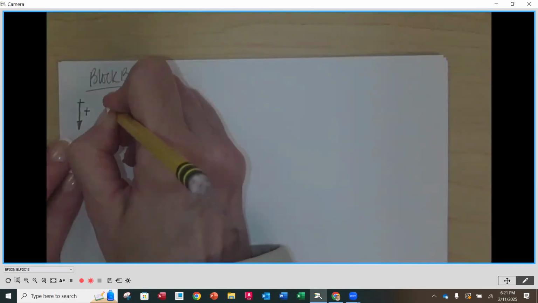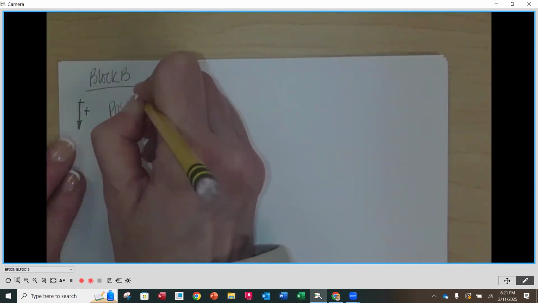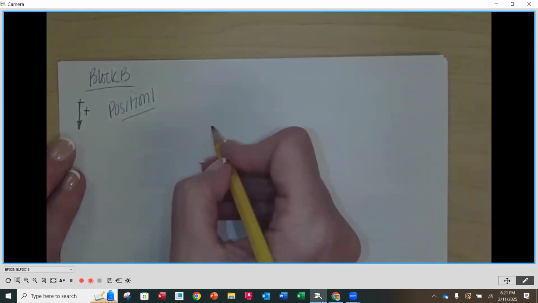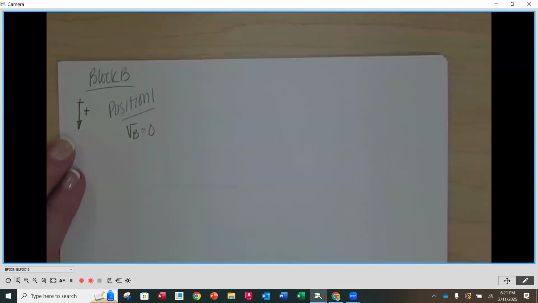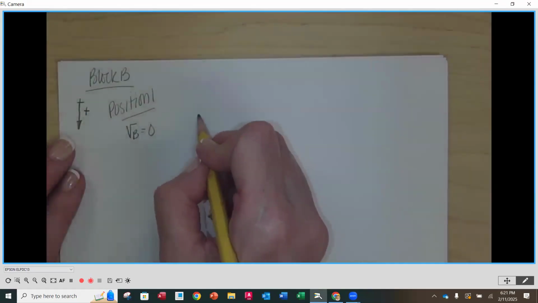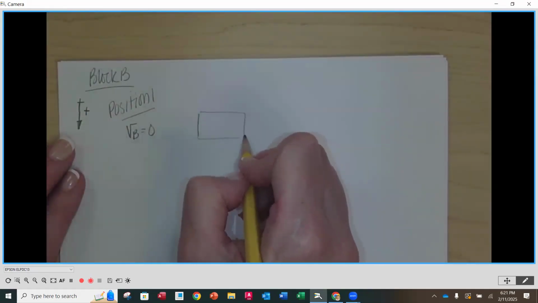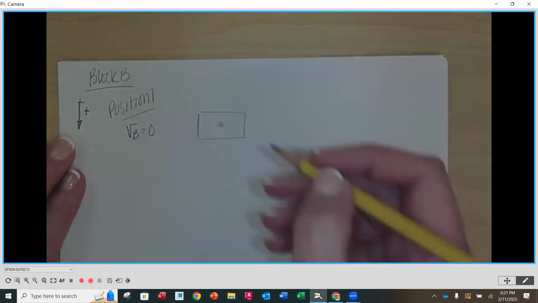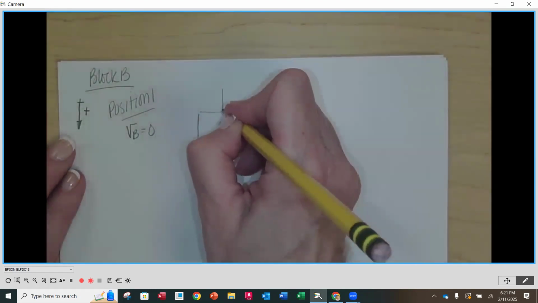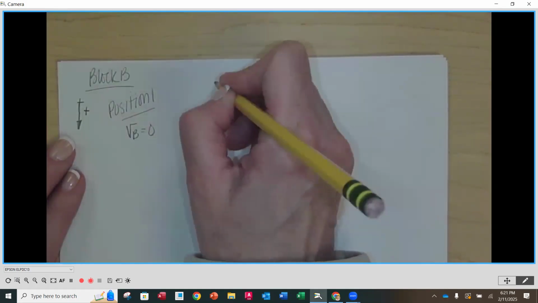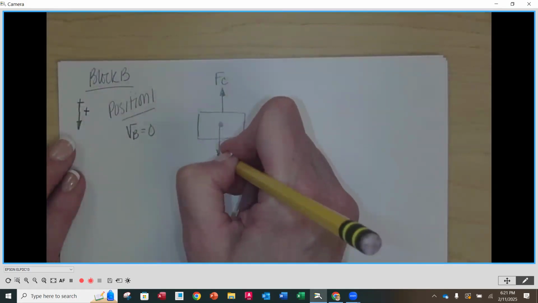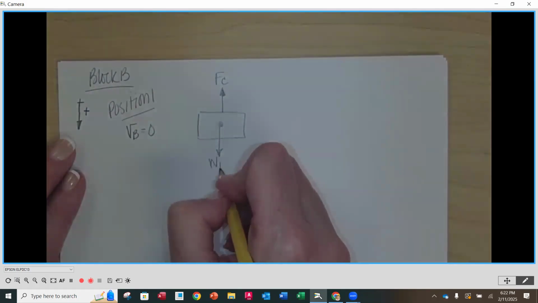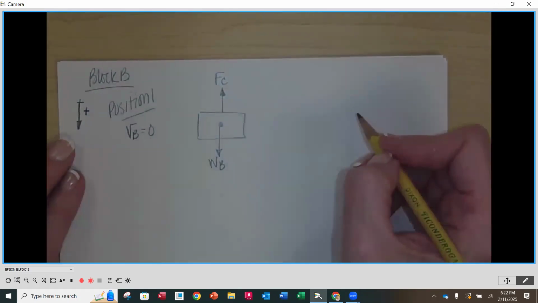So position 1, and our velocity B, just like it was for A, is going to be 0. We're starting at rest, but we're going to show our block B here. It is connected vertically with that cable force, and its weight going down is going to be here at B. We can calculate that weight.